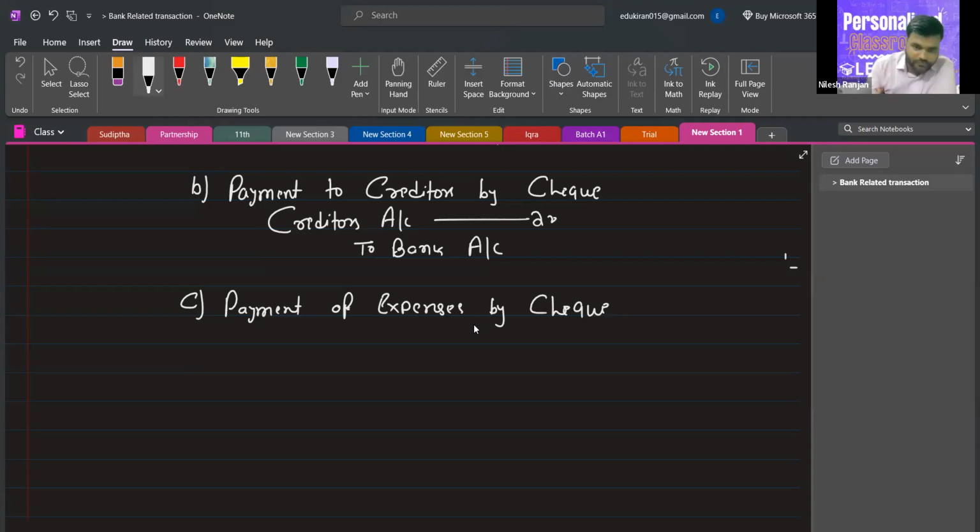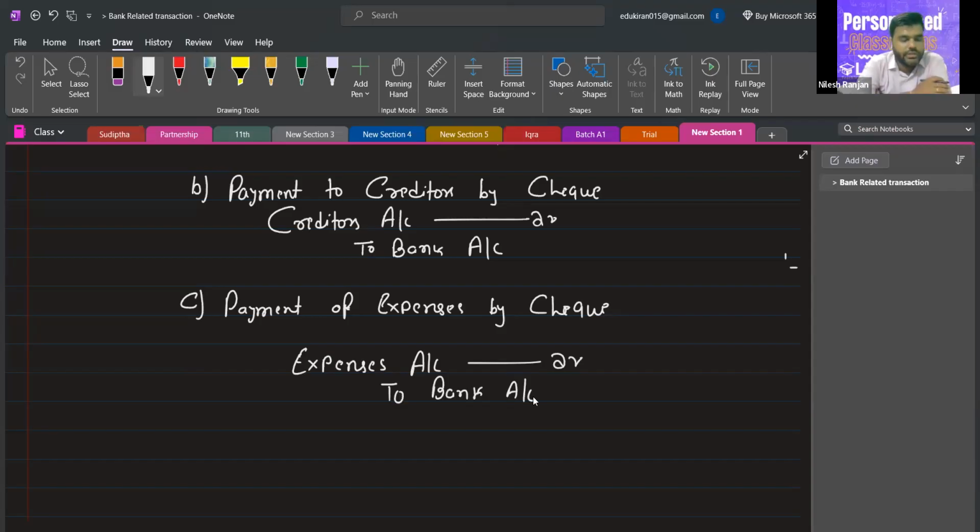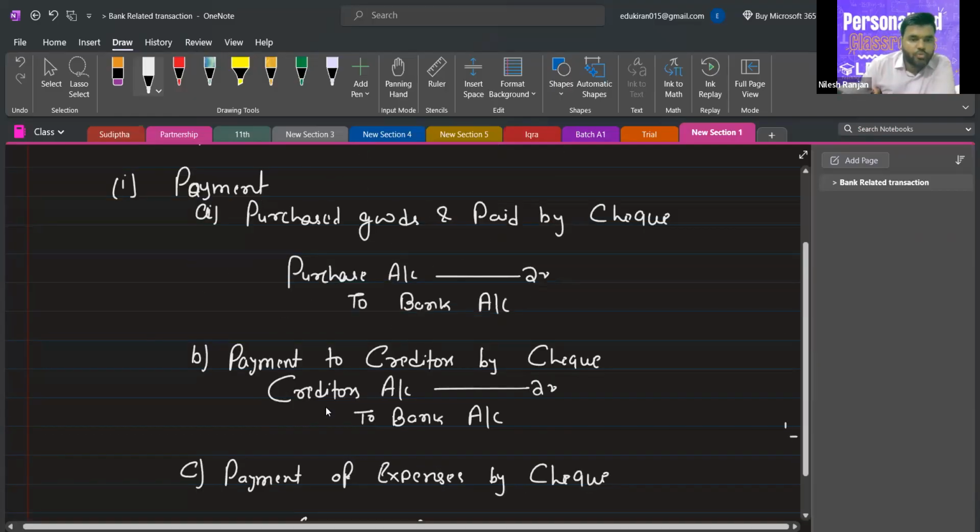Yes, that entry will be correct for that transaction, but I asked you for expenses paid in cash. So the entry should be expenses account debit to cash account. If we pay it by check, then the entry will be expenses account debit to bank account. So this is our payment by check or payment through bank.